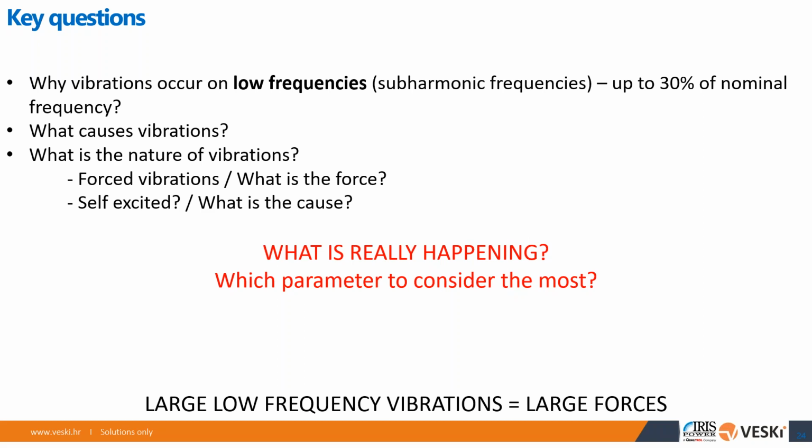And we always have to remember, large low frequency vibrations mean that there are large forces involved. So our question is basically what might cause low frequency vibrations. So we believe it's self-exciting, and not just us, but there are also people working on it, and we agree with that theory.